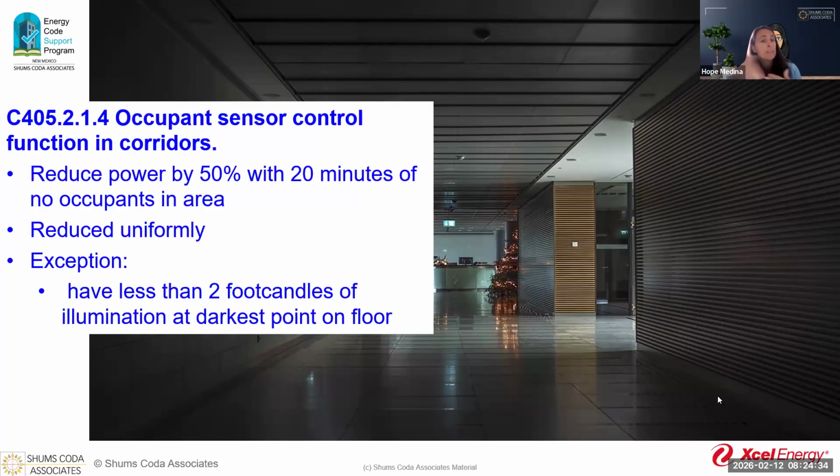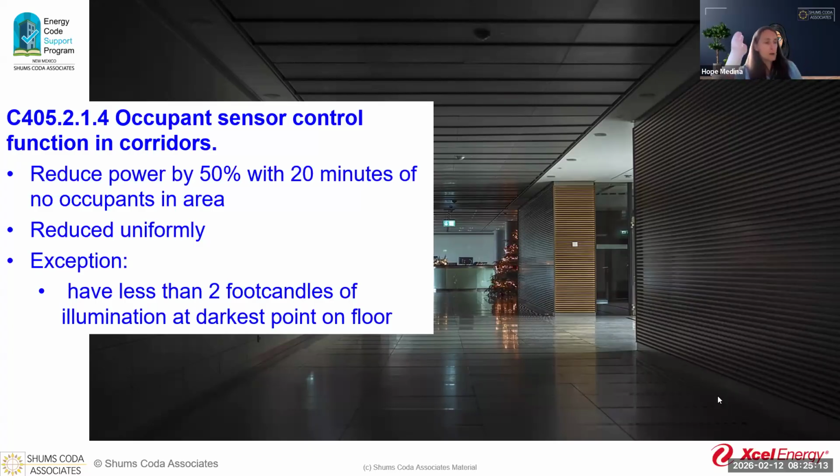Now, there is an exception for this, because when we reduce it by 50%, we still have to keep in mind that the building code has a set foot-candle level that the corridor must be illuminated to. And so the energy code recognizes that. If you fall into the parameters where 50% puts you below that number of foot-candles, then you're exempt, because you're already having a reduced amount of lighting in those areas.